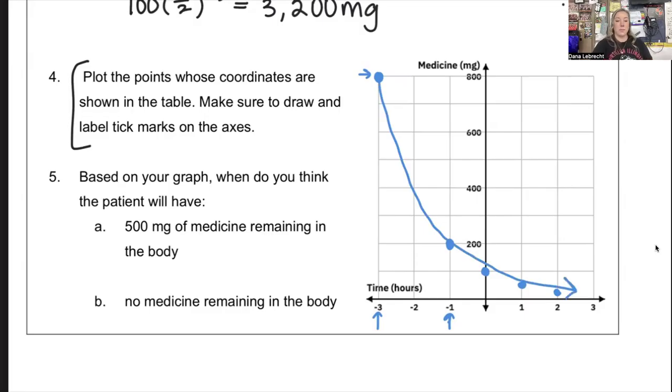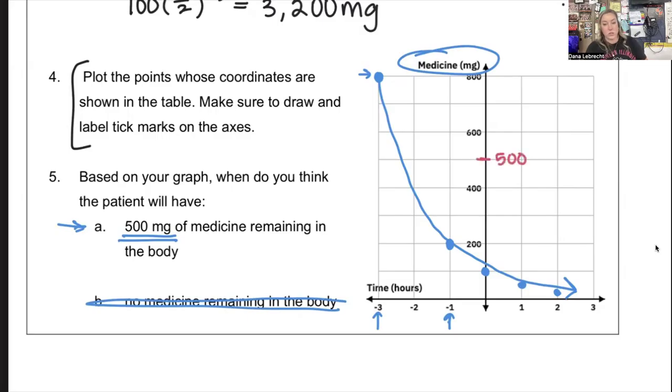And there's our graph. And then we don't have to worry about B here, but we do want to look at A. So based on the graph, when do you think the patient will have 500 milligrams of medicine remaining in the body? So the medicine is our Y value on the Y-axis. So we're looking at 500, which is between 600 and 400. So we can find that value, go over to my graph.